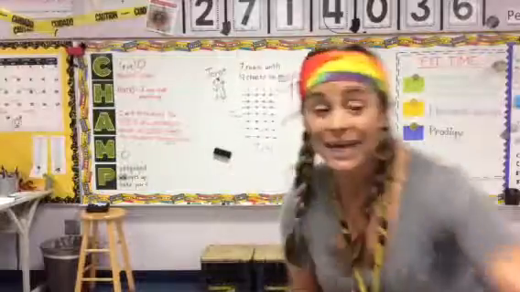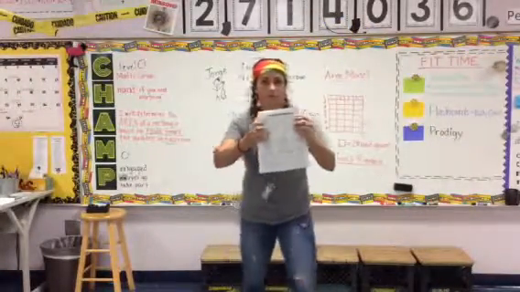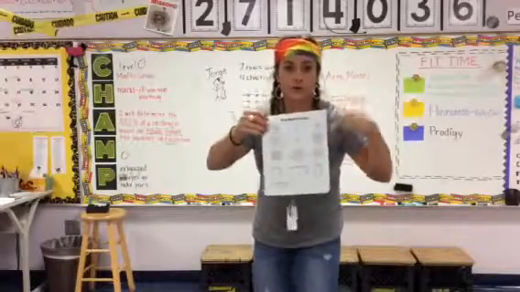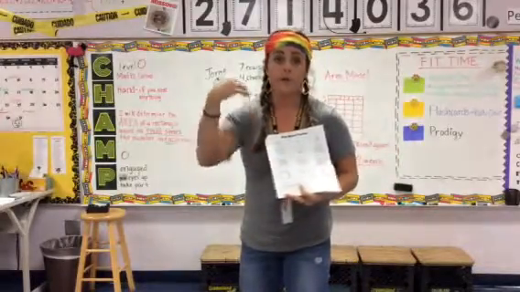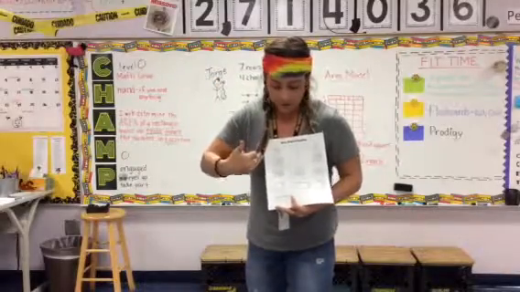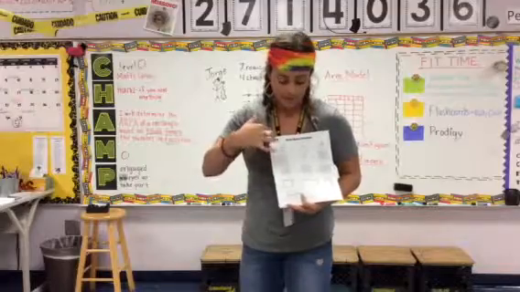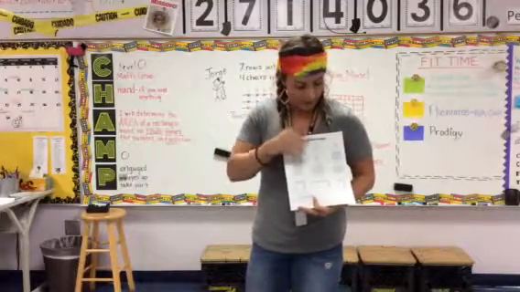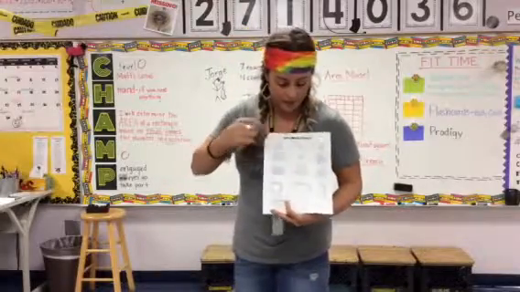Okay, hold on. Close up. I don't even know if you can see this. Okay, so y'all are doing this page. You can do some with a partner, but I want you to do some alone too, okay? So you're working on this area model practice page. It's right after the one that we did yesterday.